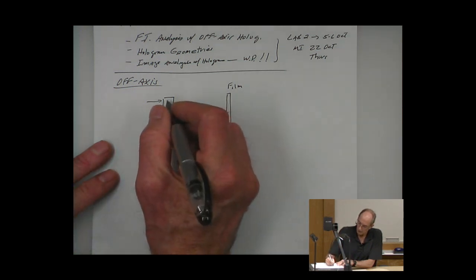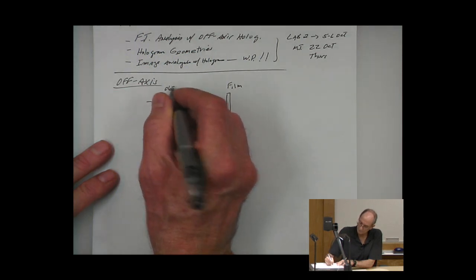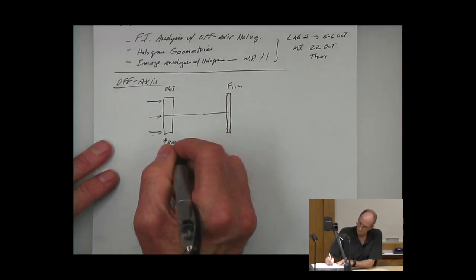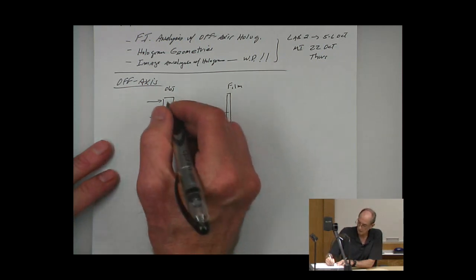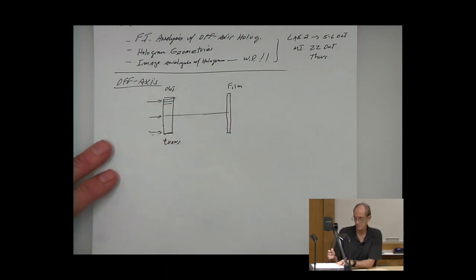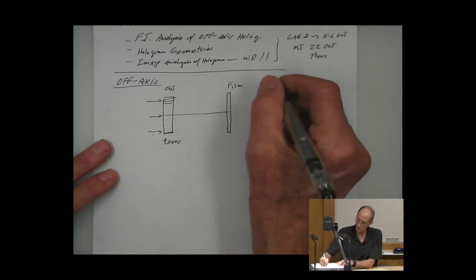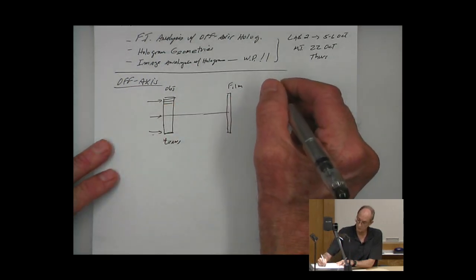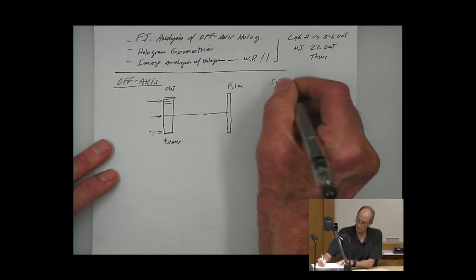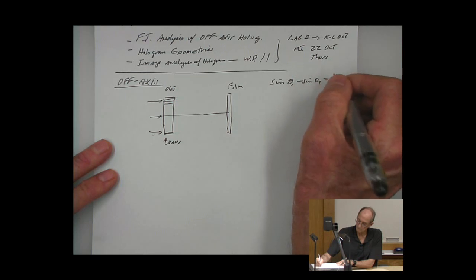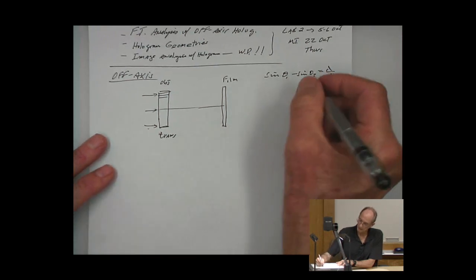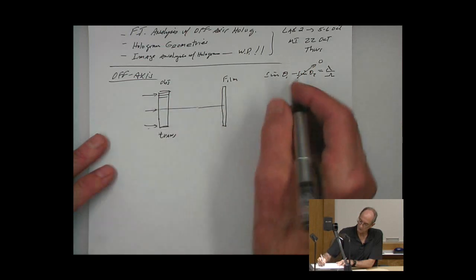So the spatial frequencies, if this is our object transparency here, one simple way to do this is to assume that we have basically a localized grating there. If we have a normally incident plane wave, we can use our grating equation, and one of these terms is 0 since we're normally incident.